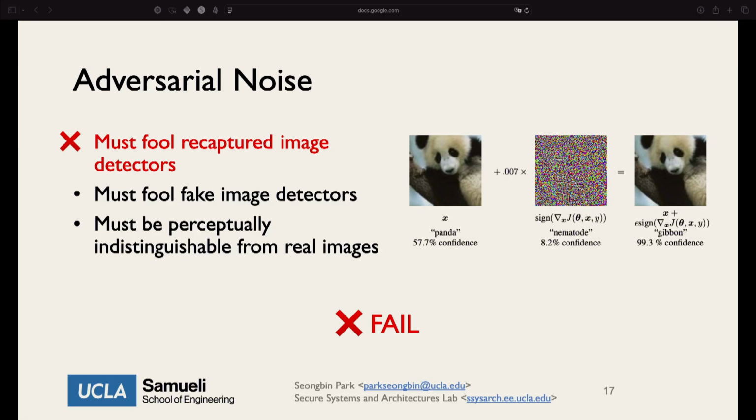But if we add some adversarial noise, the classifier starts classifying it as a gibbon with a very high probability. However, these adversarial noise attacks, though very effective, don't survive the recapture process of taking a photo of the screen, because the adversarial noise is too small and doesn't survive that transfer process.